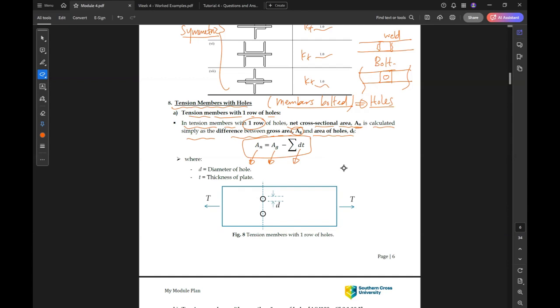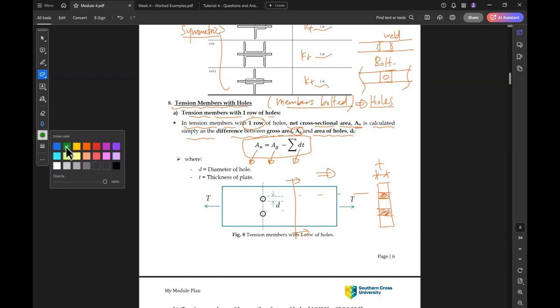Okay, so if we look at the plan, like a side view of that, this is the thickness of the plate t, and we have these two holes here. So what is the net area? The net area is the green area here.